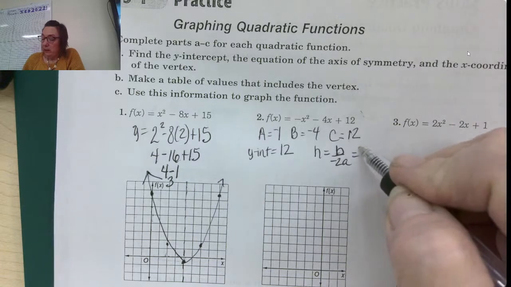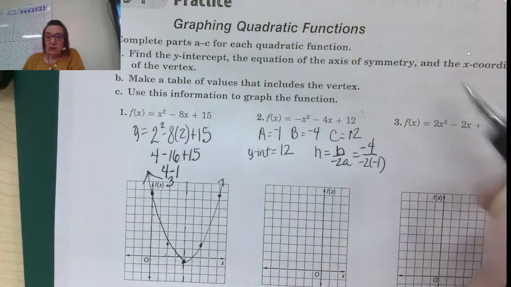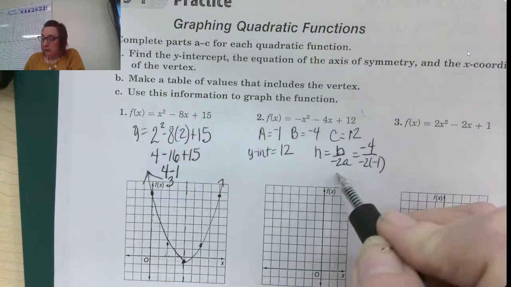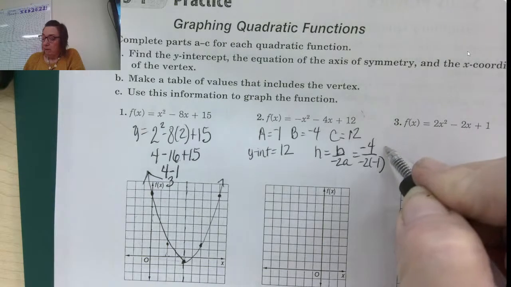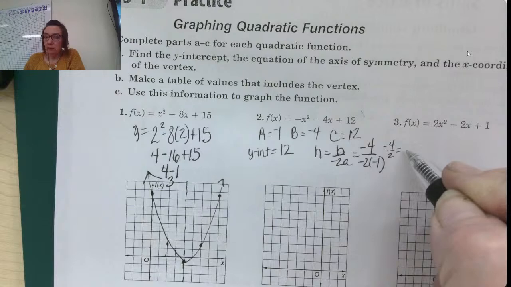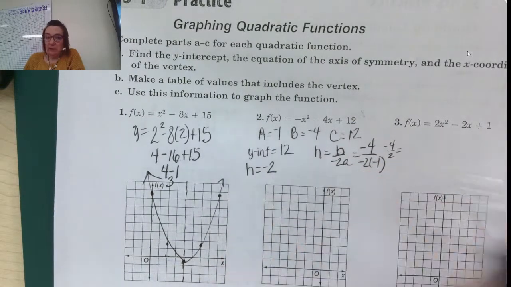Now, what is b? -4. What is a? -1. So that's going to be -4 divided by 2. Is that correct? -4 divided by 2, which is -2. So our h value is -2.